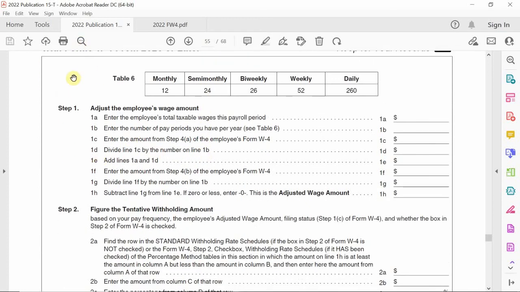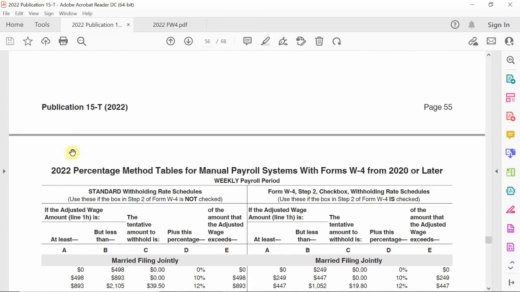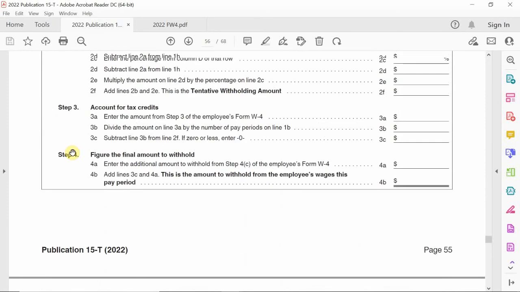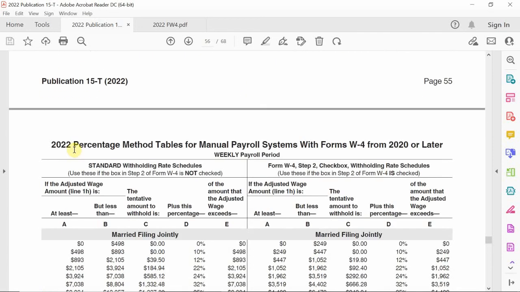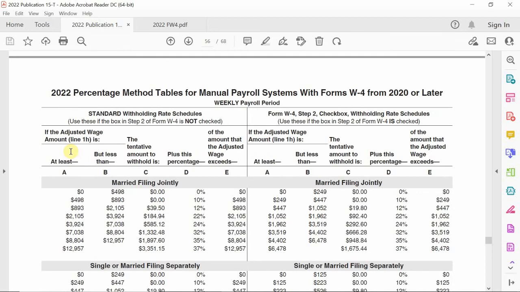Now, right here is going to give you a step-by-step on how to calculate every single item on here. Okay, so it does give you a way to do this, but once again, it is very complicated. So I'm going to show it to you manually. These are the tax tables, and they're going to be based on, number one, pay period.